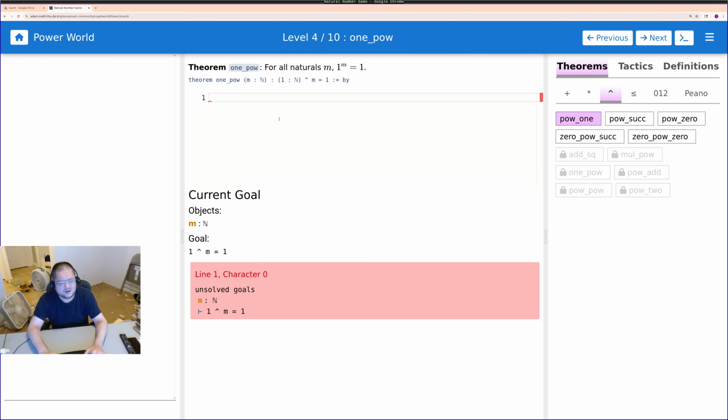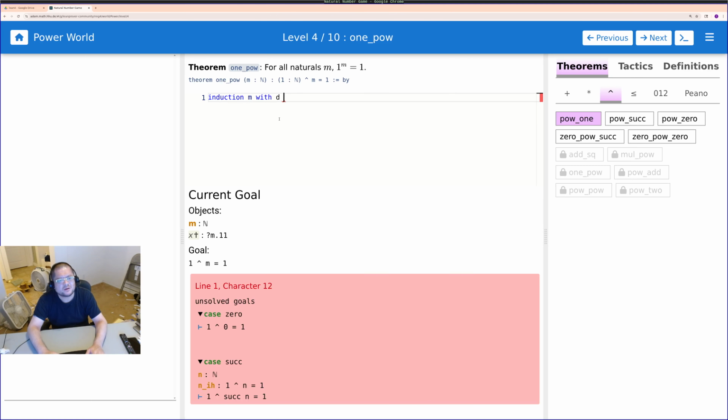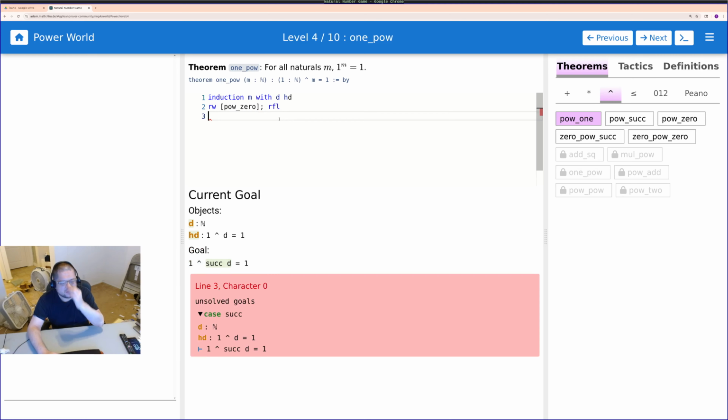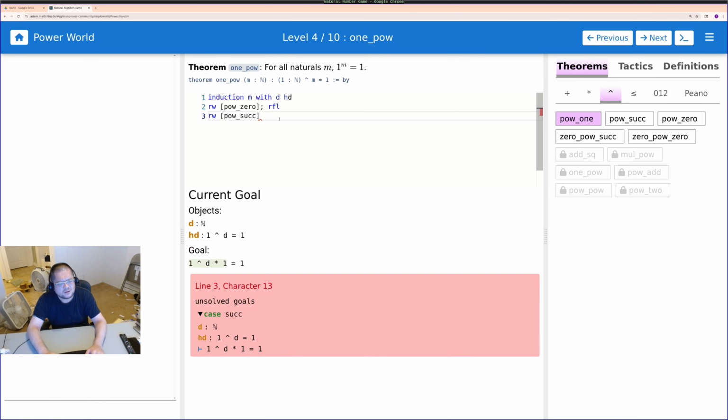Problems for all naturals. Yeah, let's do induction on M. We're just going to do power 0. Takes care of it. This one here we're going to do power of successor. Apply the inductive hypothesis.